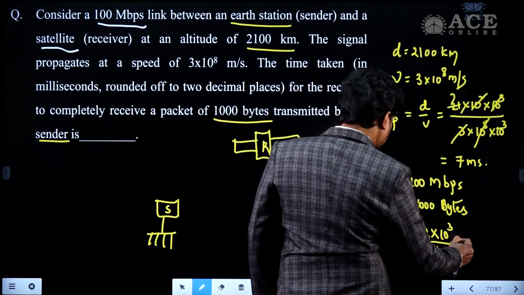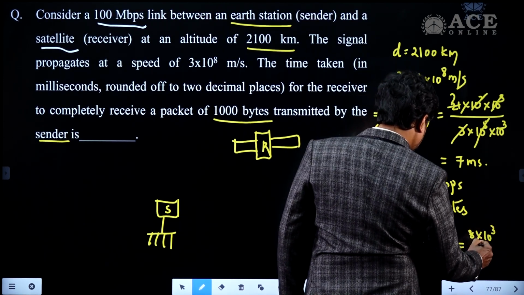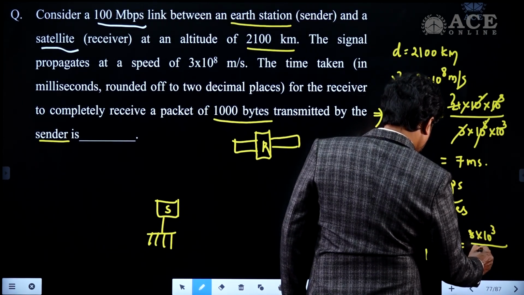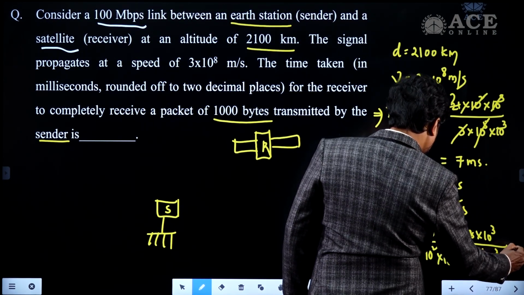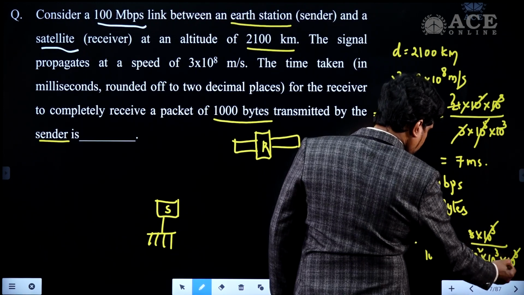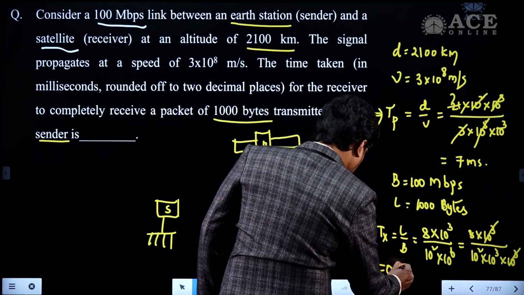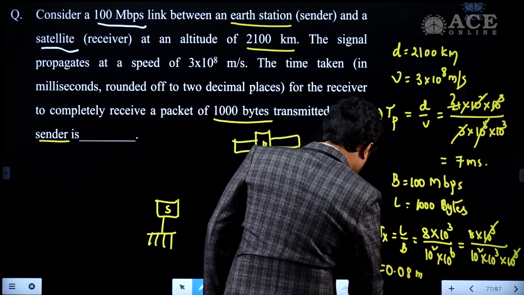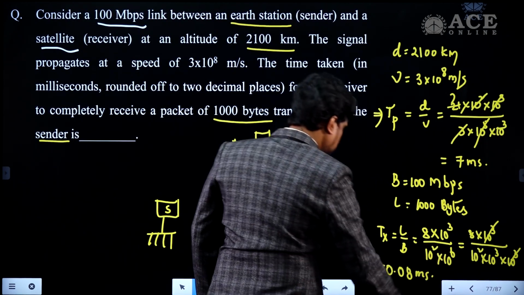Then I can write this as 8 into 10 power 3 by 10 square into 10 power 3 into 10 power 3. So 10 power 3, 10 power 3 cancel. This is going to be 0.08 milliseconds.